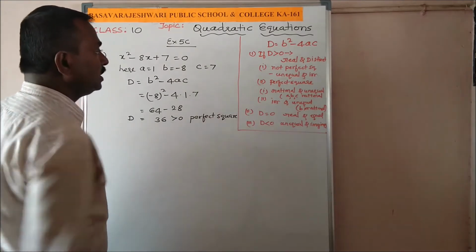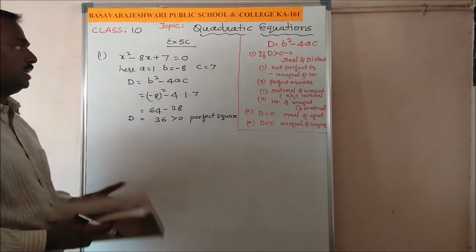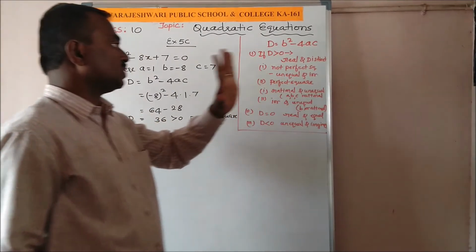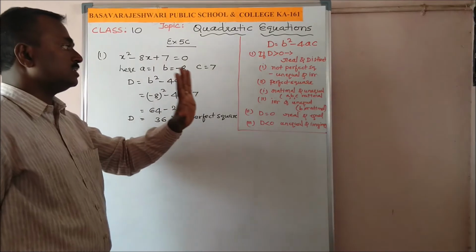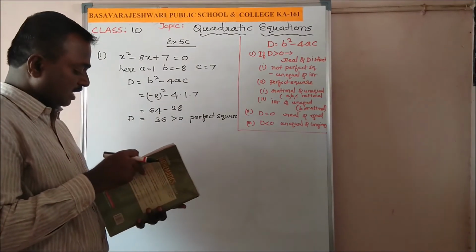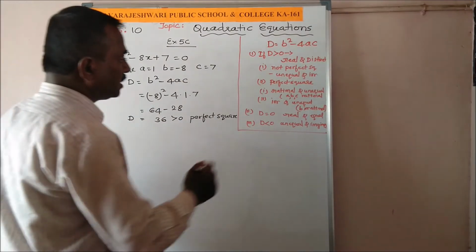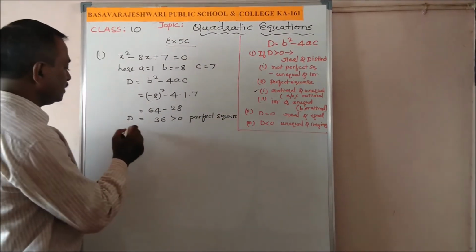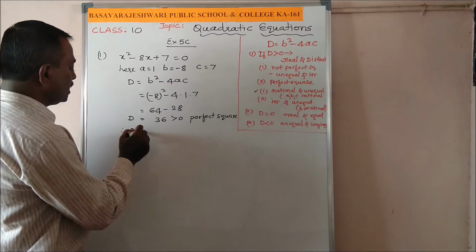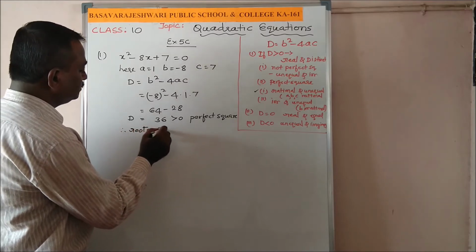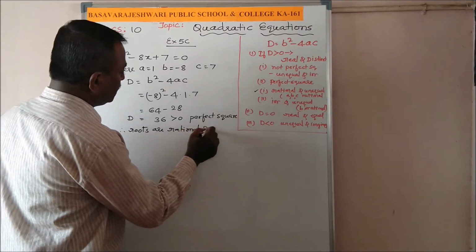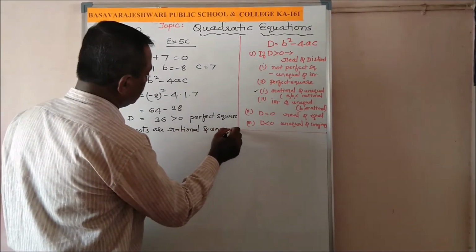So what does the condition say? D is greater than 0 and it is also a perfect square, then it is rational and unequal. Therefore, roots are rational and unequal.